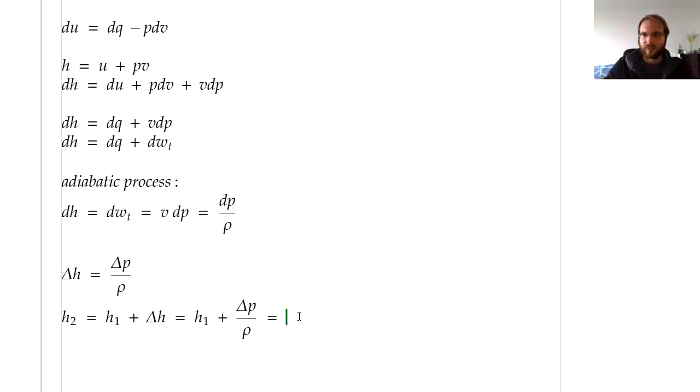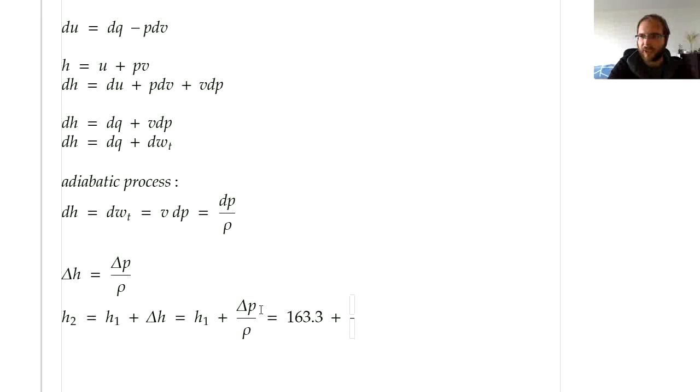In our case, the enthalpy at point 1 is 163.3 kilojoules per kilogram, and then we sum it up with the pressure difference. Since this is in kilojoules per kilogram, we can also use kilopascals directly here as the units.